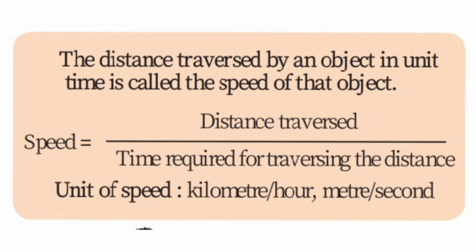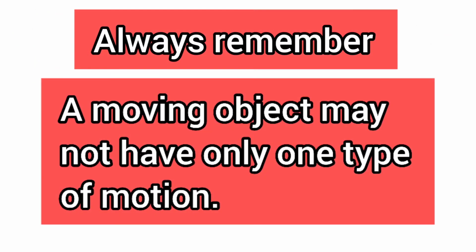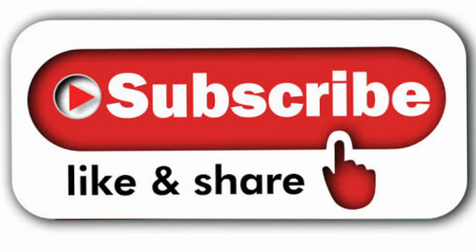Let's see the units to calculate speed: kilometer per hour and meter per second. So, from this ratio, we come to know the distance traversed by the bus in 1 unit of time. Children, always remember, a moving object may not have only one type of motion.